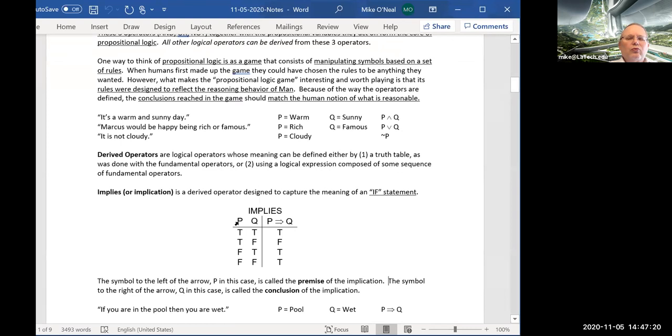So the worlds in which the variables are true, and what we're trying to do is see if we can find other true things that are implied by what we already know. So we use inference rules to find new knowledge that is logically implied by existing knowledge. Okay?